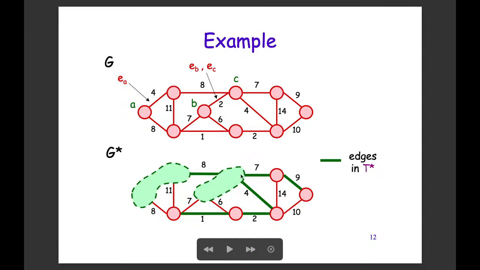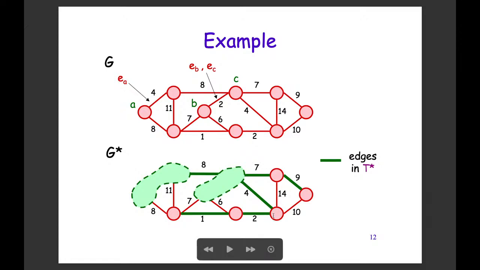Is that okay? So we get a graph G star, and then we will find the remaining edges that we need to connect the nodes in G star together. In that case, this is now the same problem as before. We are still finding inside a graph the minimum weight edges that we need to connect them together.